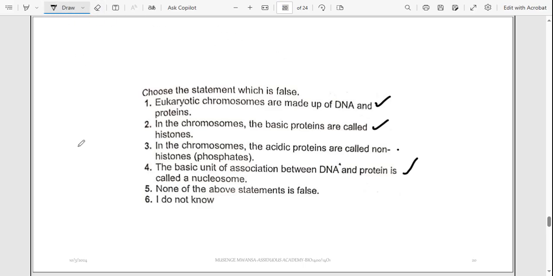And then for the next one, none of the above statements is false. Now look at 3: in the chromosome, the acidic proteins are called non-histone proteins. Just a second on this one.